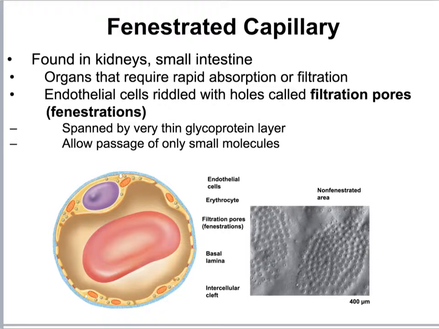But this is kind of like a colander or cheesecloth or something like that, right? It's going to let lots of water and small molecules through very, very easily, but keep big things out.